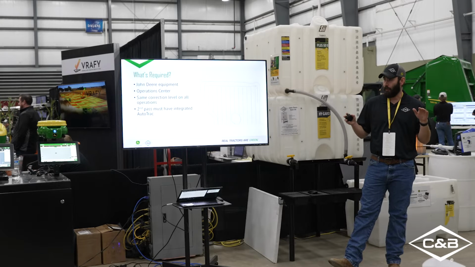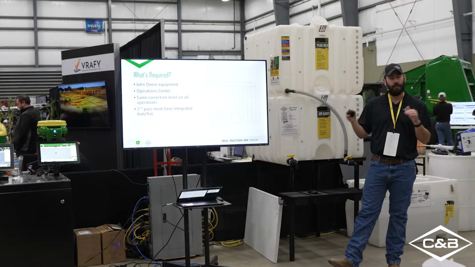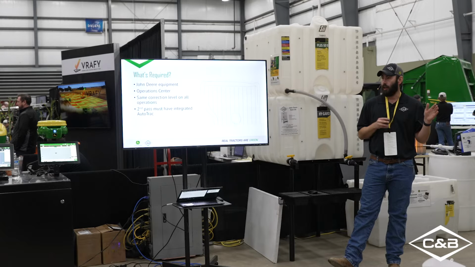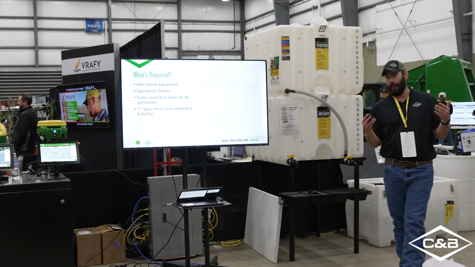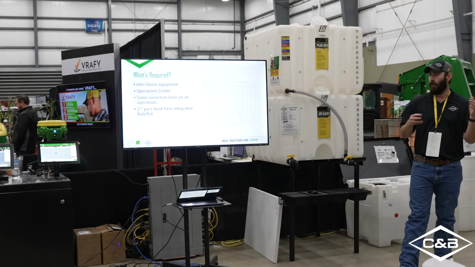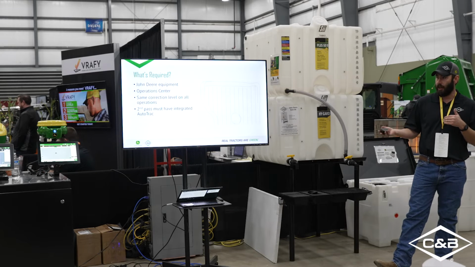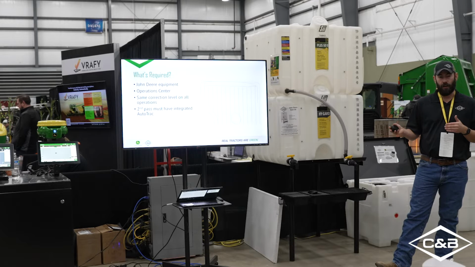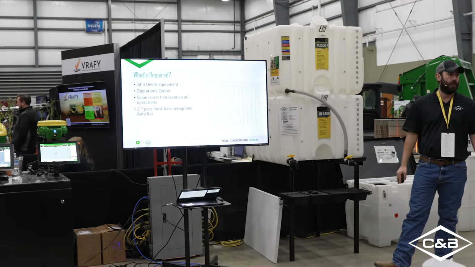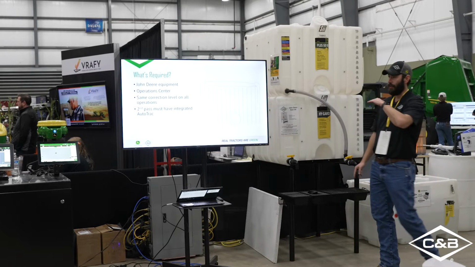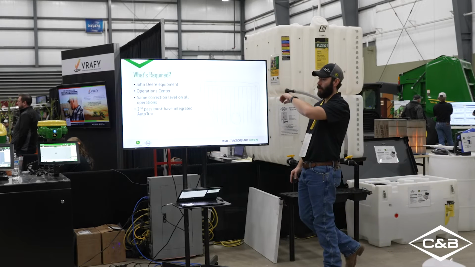Now, if you're thinking about switching to SF RTK at some point, you're going to probably want to do that at a season changeover. So if you're thinking about going SF RTK and you already recorded lines last fall with radio RTK, run those radio RTKs this year, and then before you strip till next fall, that's when you would want to switch to SF RTK. So throughout that whole season, you want to stay on that same correction level.